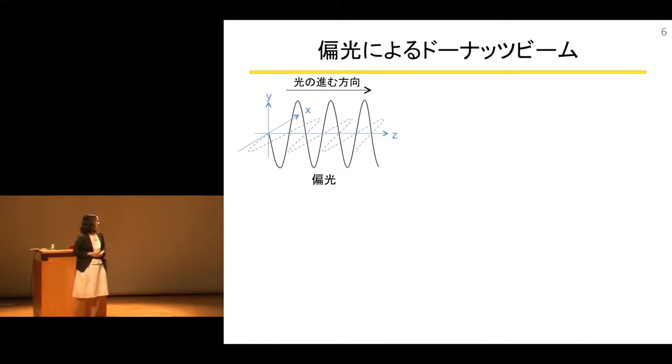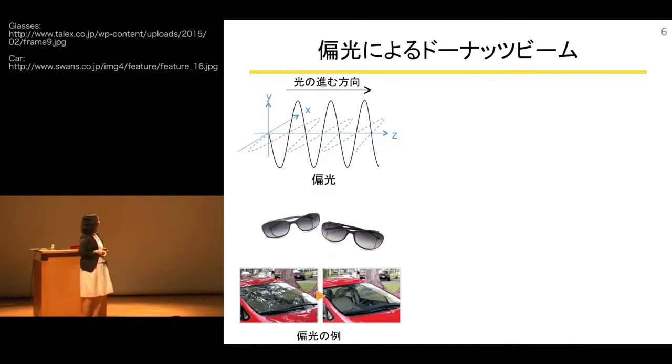We can't actually detect the polarization with our eyes, but glare-proof glasses are something related to polarized light. Sunlight is polarized in many different directions, and on hot summer days, sometimes the windshield of a car looks dazzling, so you can't see inside of the car.